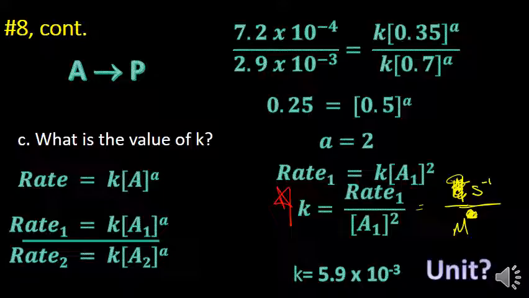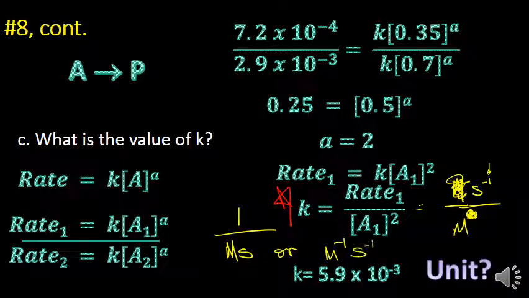It's not seconds over molarity, because remember I wrote this -1 there? So it's 1 over molarity second. Or you could have written it like this. Any one of those would have been fine.